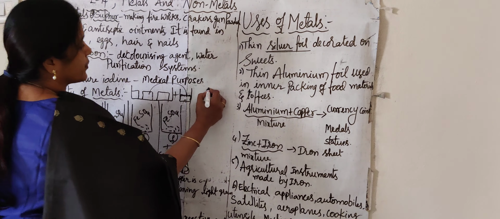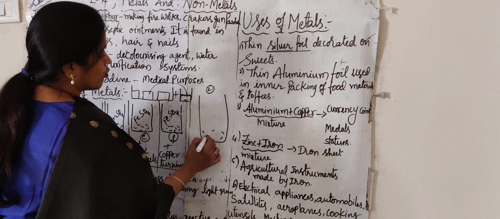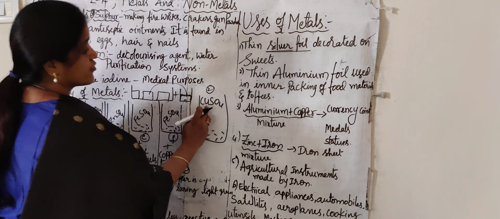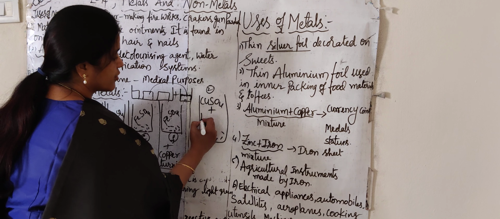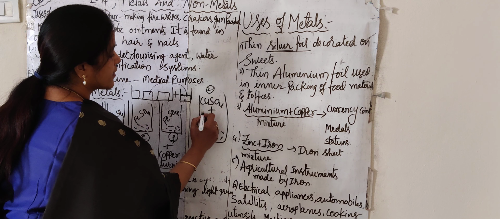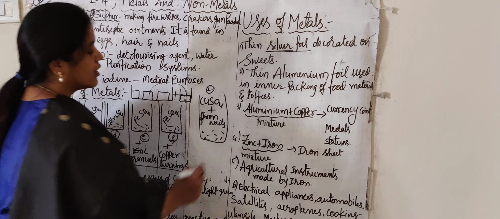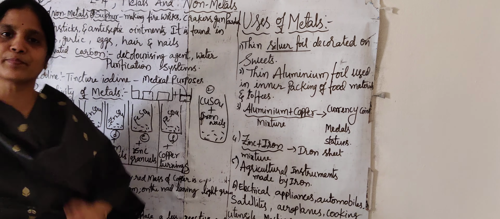So in the second beaker, first you take water in it. Next you add CuSO4, means copper sulfate. To this you add iron nails. Earlier, before adding the iron nails, the solution is blue in color.